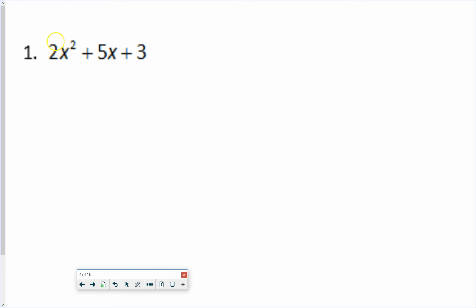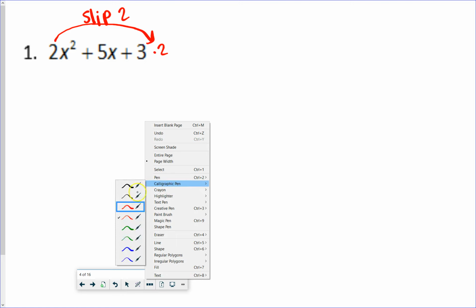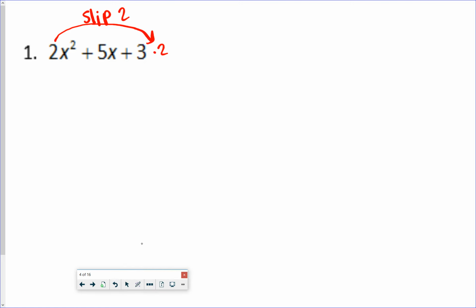Meaning I'm going to take 2 and slip it on the end and multiply it with 3. So we're slipping 2 to the end. Our trinomial now is going to be x squared plus 5x plus 6.